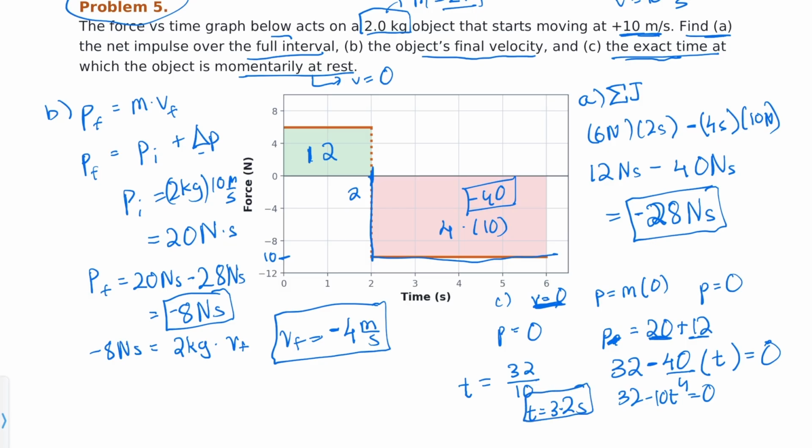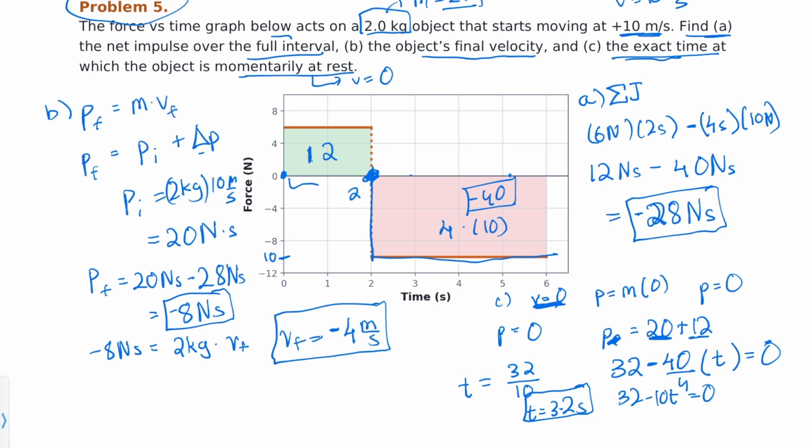All right? But remember, that 3.2 seconds is from here, right? Because you started here and then you progress, and this is around where I get my velocity of 0. But you have to remember, your actual start of motion was around here, at 0 seconds.